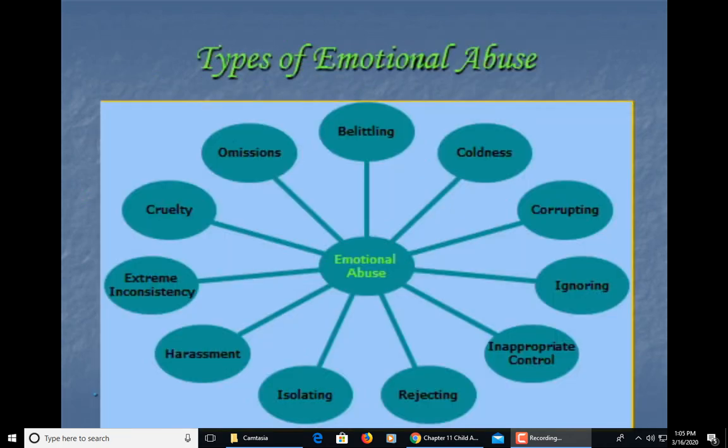Other aspects of abuse, I'm going to look at the different categories. These are just some examples of what can constitute psychological or emotional abuse. Corrupting, if you see on the right hand side, that's probably the most common form of emotional abuse, where it's tied to criminal behavior, where parents or caretakers convince children to commit crimes.